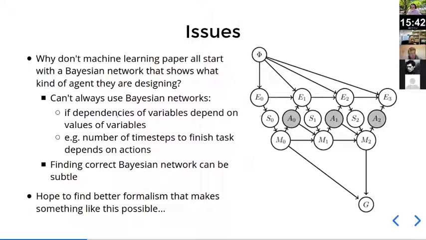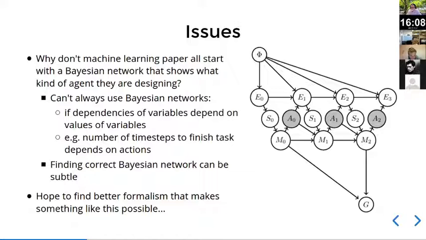A simple problem is that if you don't know how many time steps your agent will take to solve it, then you can already not draw this Bayesian network. And also finding the correct Bayesian network representation of what you know about the problem can be kind of subtle.